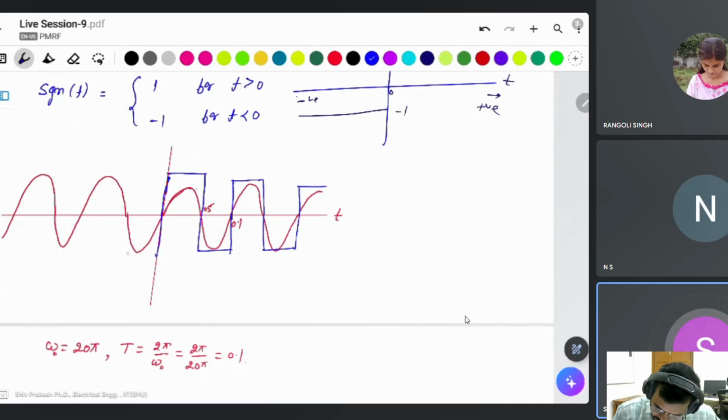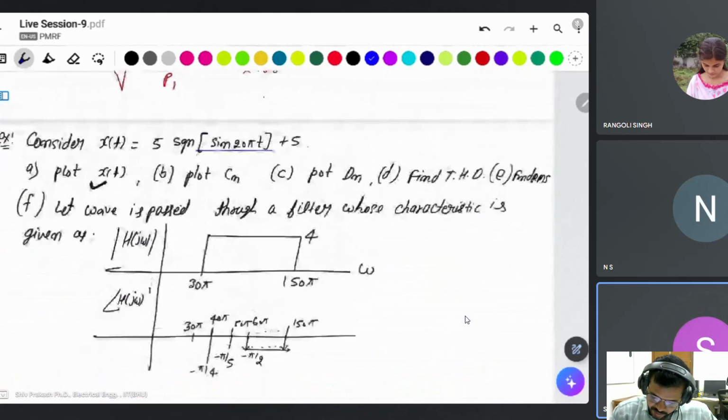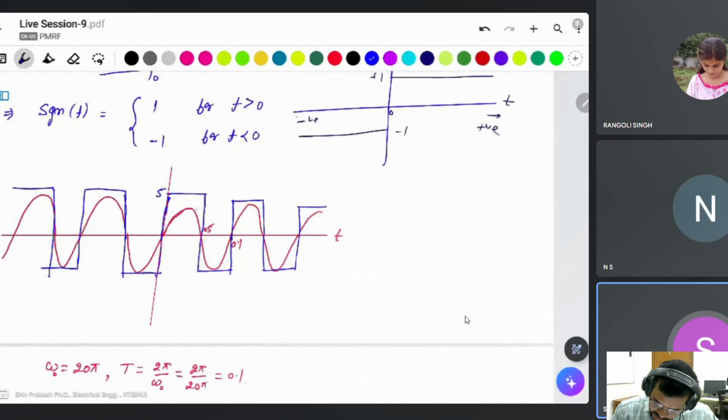Same thing here also. If there is any negative, then the signum function is minus 1, and this is plus 1. The magnitude of the signum function is 5, so this magnitude is 5, and the negative is minus 5.